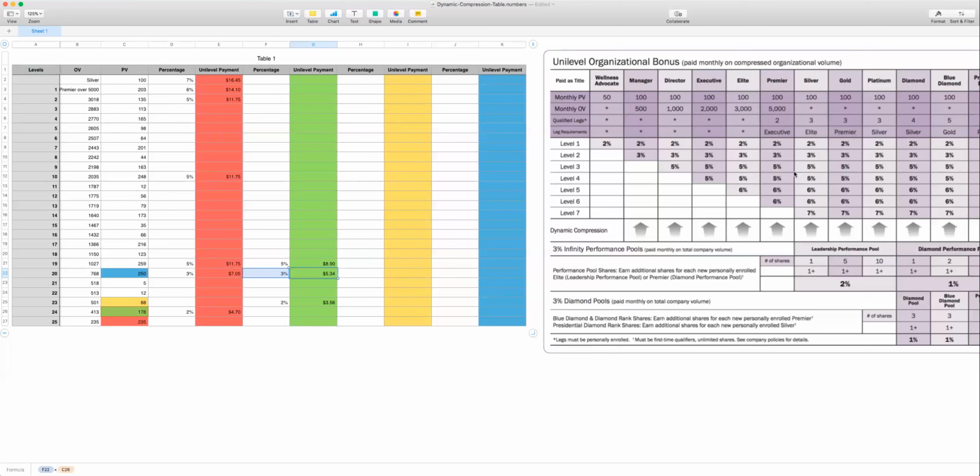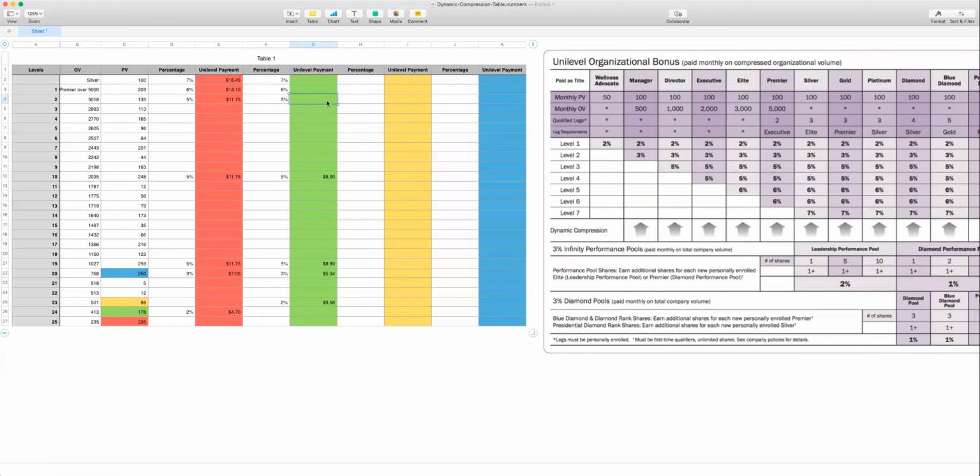Okay, then we've got 1, 2, 3, so we're looking for level 4, so an executive. And again, our next executive is all the way up here. Okay, and so on and so forth. Again, our next elite is up here, our next premier and our next silver.